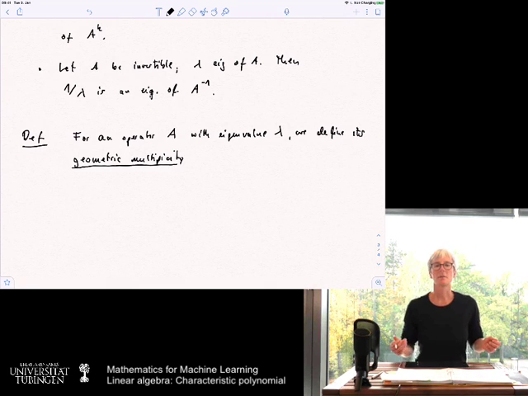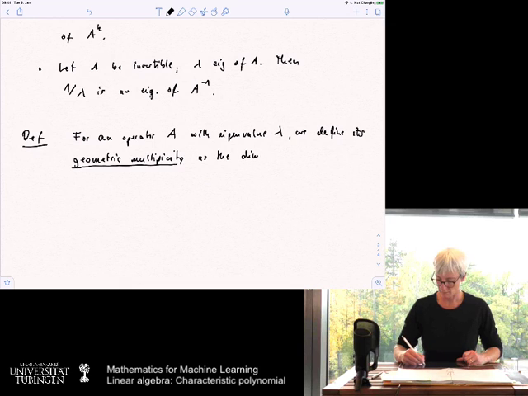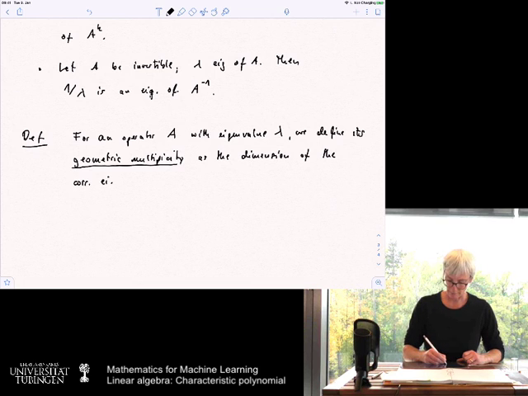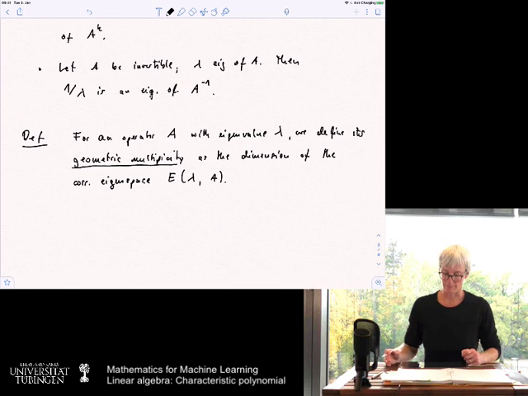The geometric multiplicity of the eigenvalue lambda is the dimension of the corresponding eigenspace. We denoted it as E lambda A. So the dimension of the eigenspace is the geometric multiplicity.